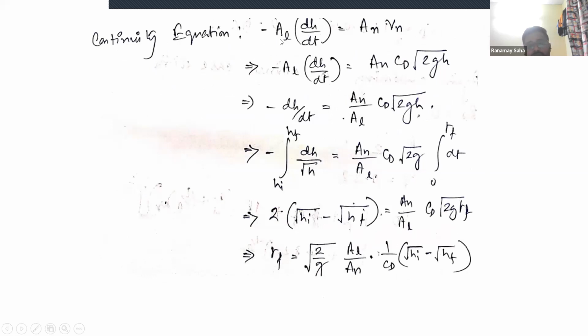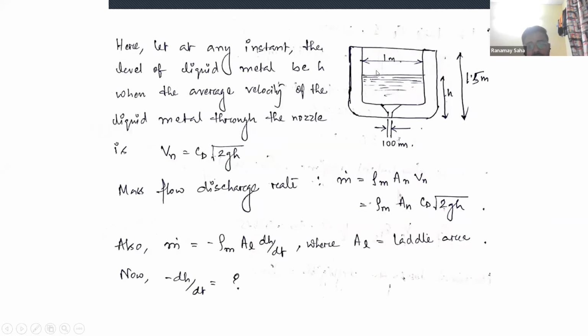Okay, so here you have area into velocity of the metal coming out of the ladle. Take 2 points, one inside the ladle and two at the exit of the nozzle.